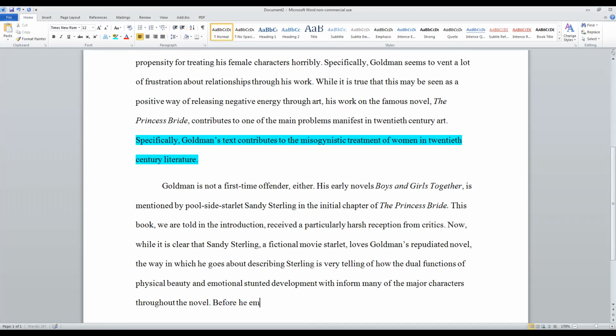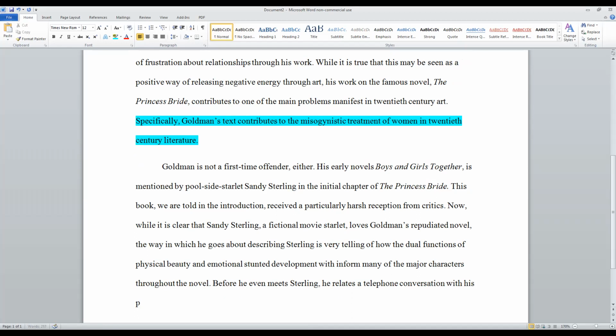Before he even meets Sterling, he relates a telephone conversation with his wife, or with his psychoanalyst wife, Helen.